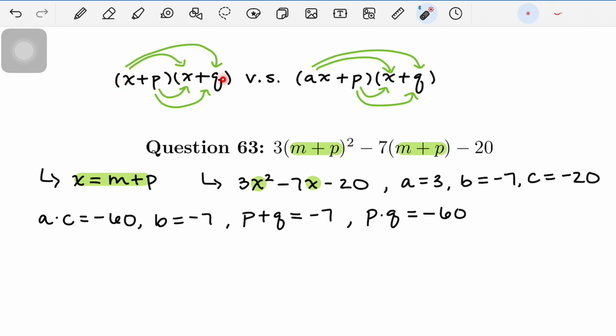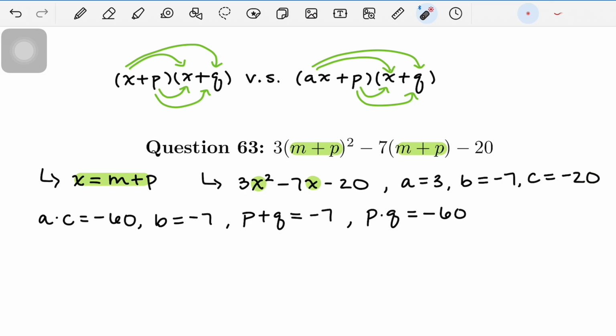When we multiply these, that's not going to affect the coefficient value of this x times q term. However, when we have this case, when this coefficient a is not 1, it is coming along for the ride. This a here is going to multiply both of these terms. So that's why we need to incorporate it using this product. The product of a and c now needs to be minus 60, and that's also going to be the same thing as the product of p and q, versus p and q just being this c. Okay, so I hope that makes sense.